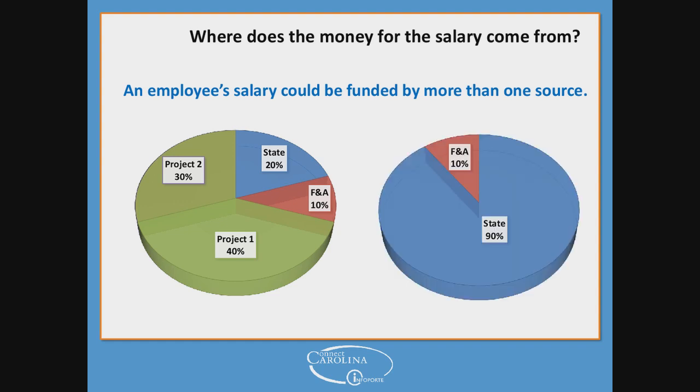Another employee could be covered 90% by state and the remaining 10% by F&A funds. So it varies widely by employee, and the person entering those HR actions specifies which funding sources and how much each should cover.